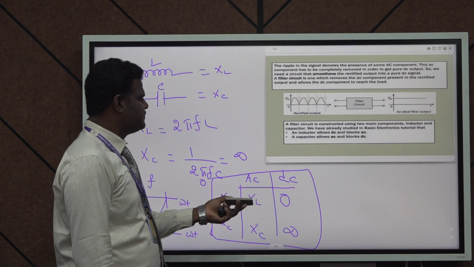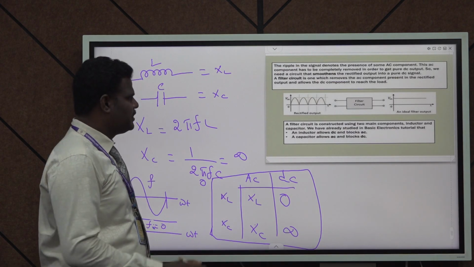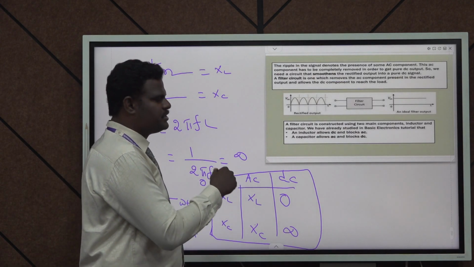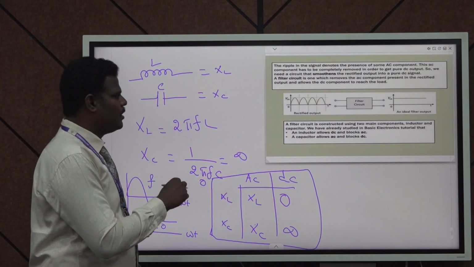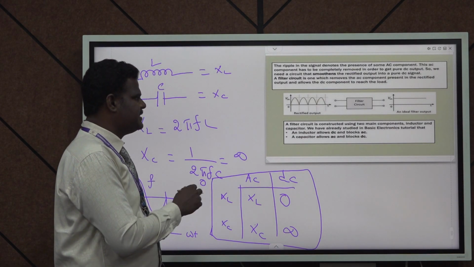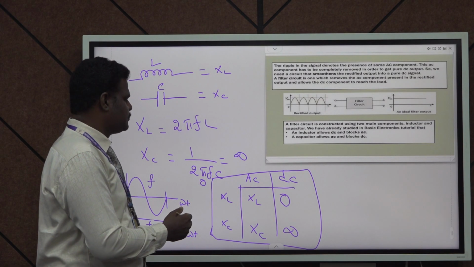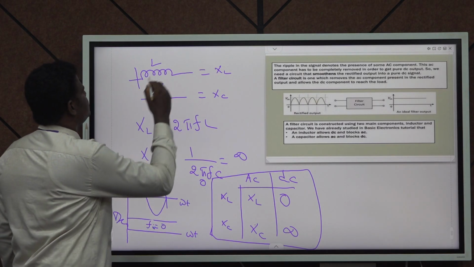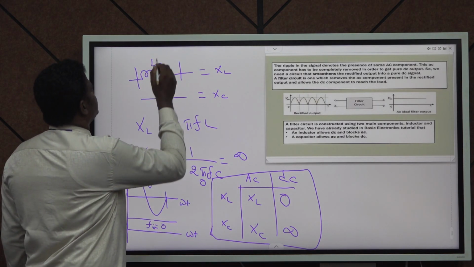This property is essential to understand how the inductor allows DC and blocks AC, and how the capacitor allows AC and blocks DC. The inductor is a device which is connected in series in the circuit.